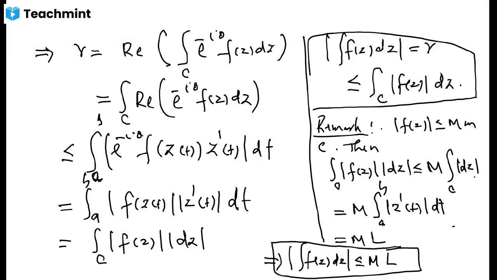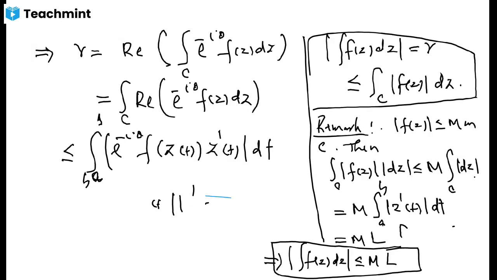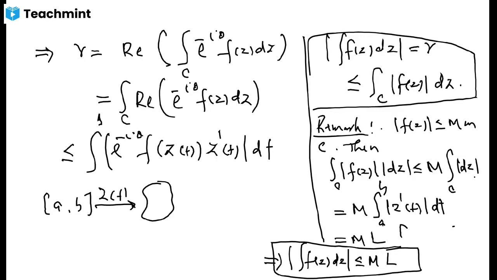But if you take the function to be a continuous function on an arc, then it becomes a composite function from the parameter interval. Let me write it here just to finish off. When you consider this parameter interval, you have a function z of t to some arc here, and from here you have a function f.